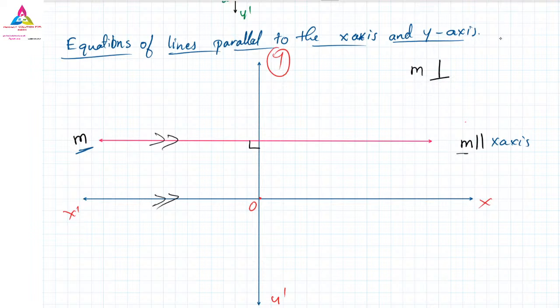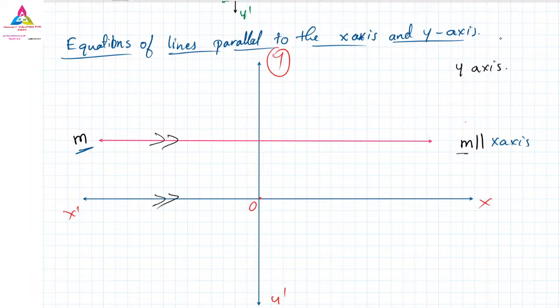Which axis? Yes, good. But M is perpendicular to which axis, making 90 degrees with what? Y-axis. Yes, very good. It is perpendicular to the y-axis, because you can see the y and x axes are perpendicular to each other. So this is the important thing you have to remember.